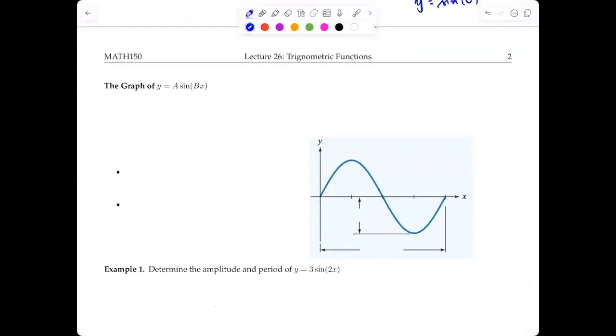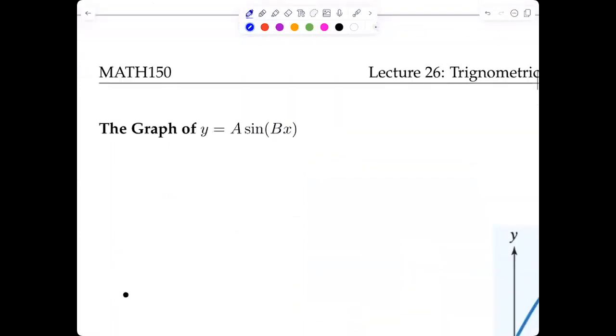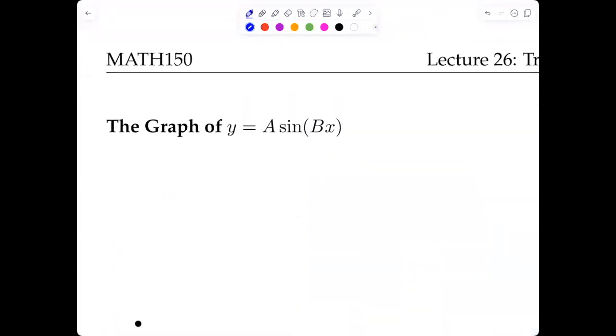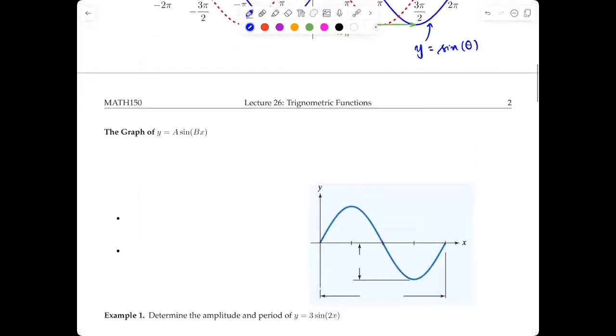So for the graph of the sine function, the general formula is written in this form: y equals A times sine of Bx. Okay, let me explain a little bit here.